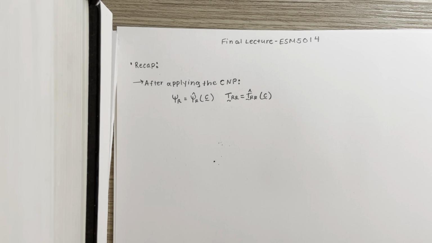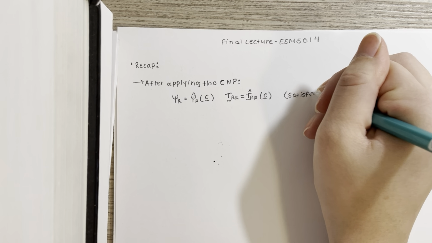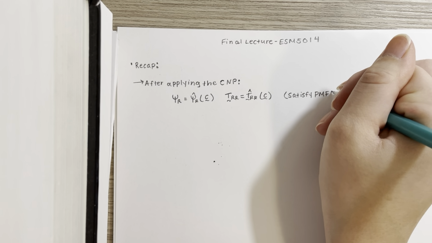We showed in lecture 27 that these satisfy the principle of material frame indifference. So we moved to a rotated frame and found that these constitutive relationships satisfy the PMFI.